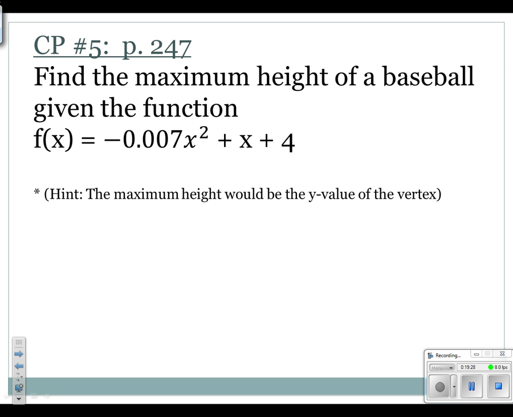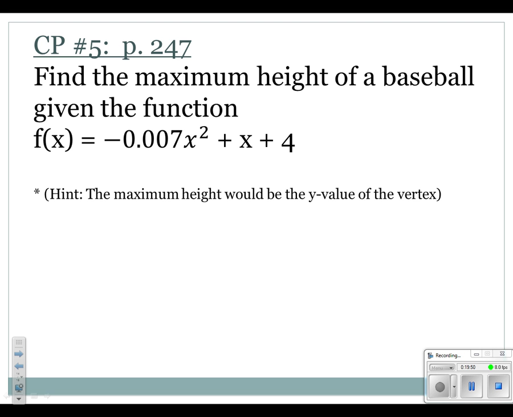So finding a maximum or a minimum. A lot of times when you're throwing a ball or tossing something, you know how it's going to arc and get higher for a while and then drop. So the shape of that kind of curve ends up being a parabola, and those kinds of problems have functions that are quadratic.